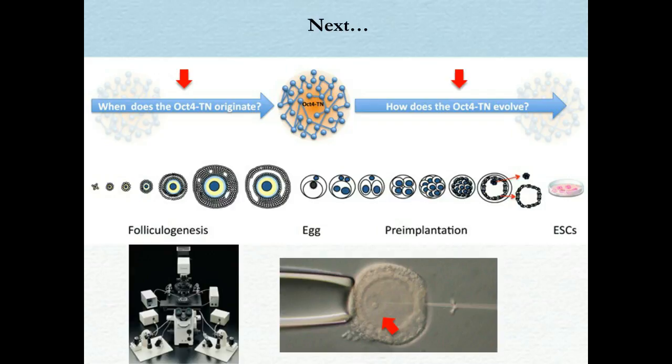And then the follicle will be grown up to full maturation and fertilized to observe further embryonic development. This is an experiment we have just begun, and we will keep you updated on this.